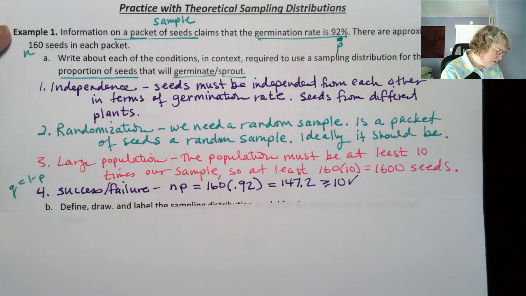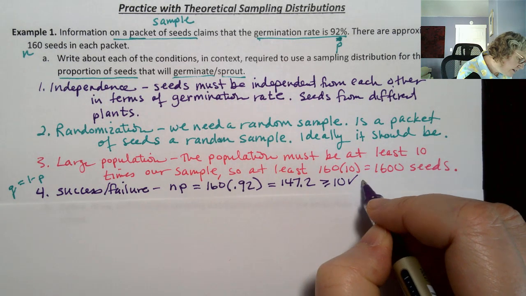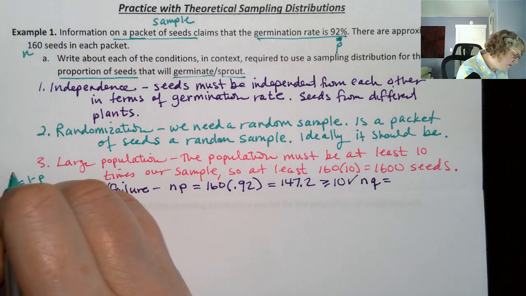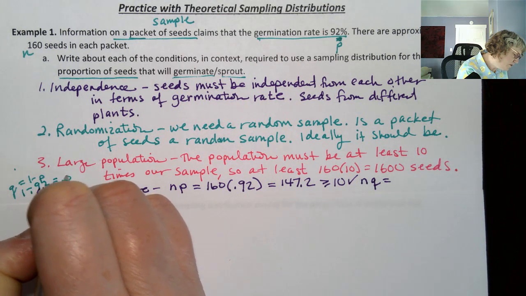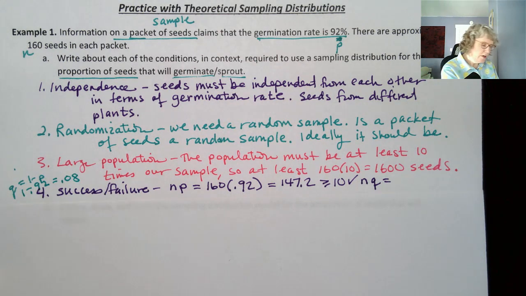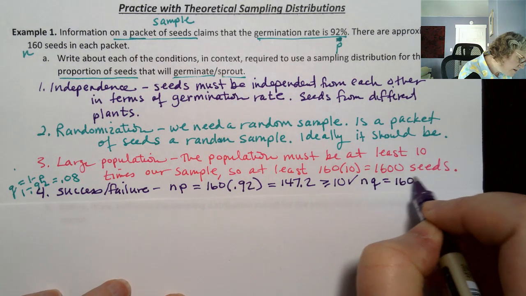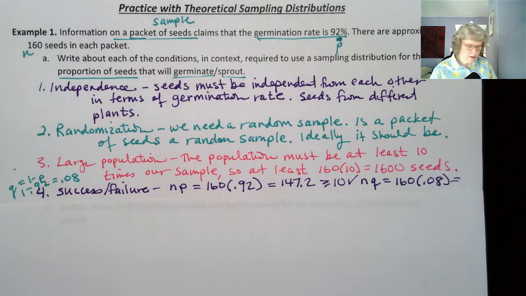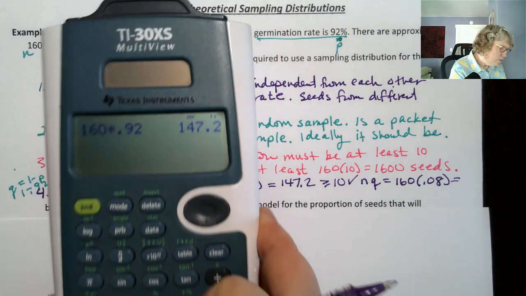And I'm getting short on space here, so I'm going to figure out how to write it. So N times Q, so I think I'm going to go over here and write 1 minus 0.92 equals 0.08. I could write it over here, I just don't have enough space right now. So NQ is 160 times 0.08. I know I did it to myself by not spacing this out well enough.